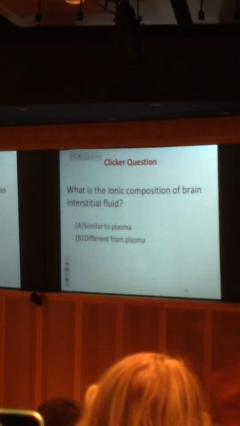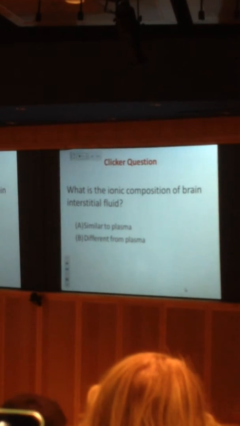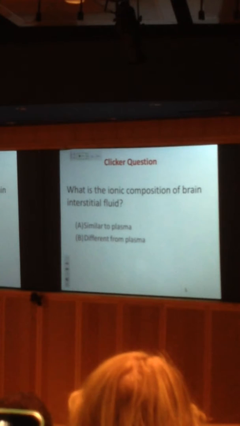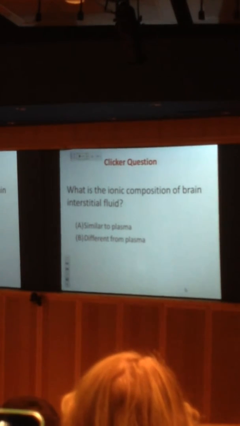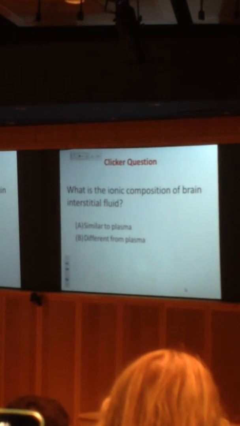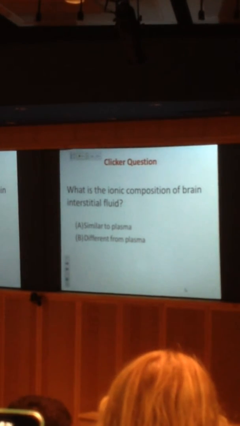Brain is so delicate, you want to protect it as much as you can. This is why we don't see a close or similar ion composition and protein composition between these two compartments. So the correct answer is different. B.